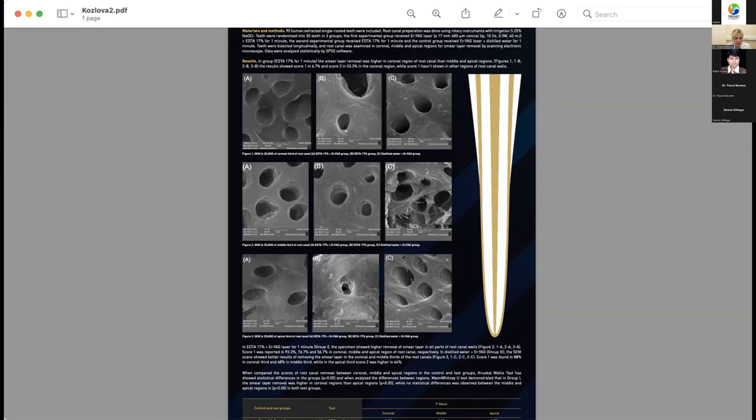This pressure pushes the irrigants into the dentinal tubules and lateral canals, leading to cleaning and removal of the smear layer and debris. In our study, the PIPS protocol was used with low energy to evaluate the effectiveness of erbium YAG laser activation. The SEM scans showed that EDTA 70% and erbium YAG removed the smear layer in different regions of the root canal.